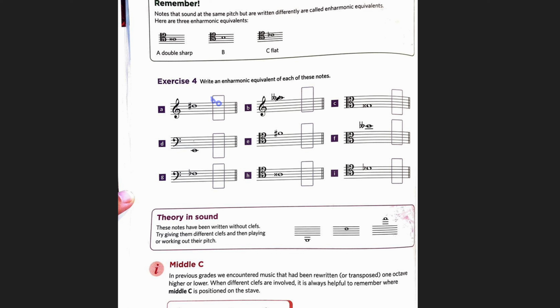This is a flat, which is normally a G. This is a G double sharp. This X means a D double sharp, which is an A.